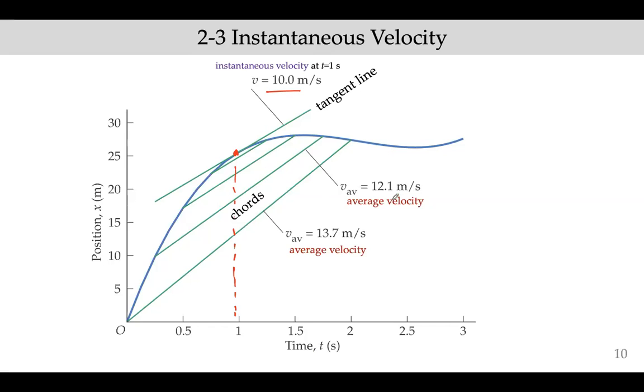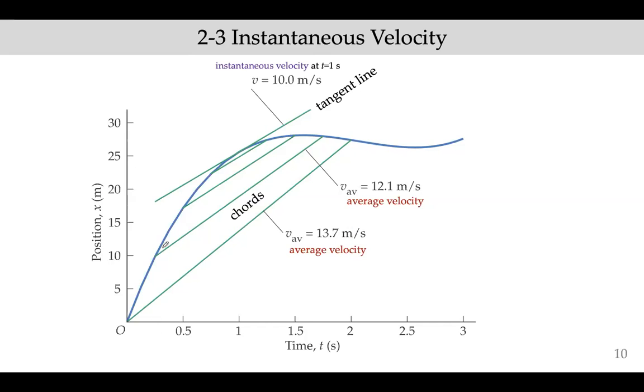But if you want to calculate average velocities, you have to draw chords. Let's say you want to calculate average velocity between 0 and time equals 2, then you would draw this chord and calculate the slope.